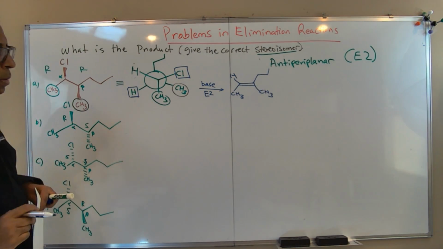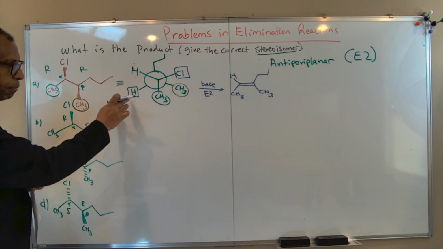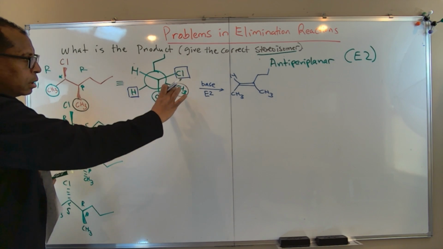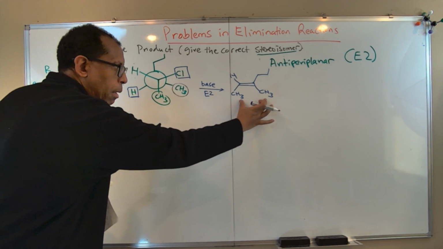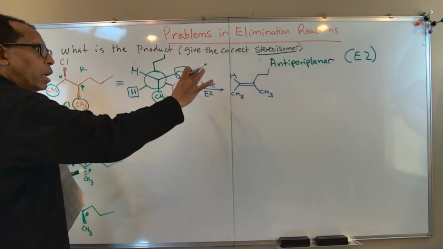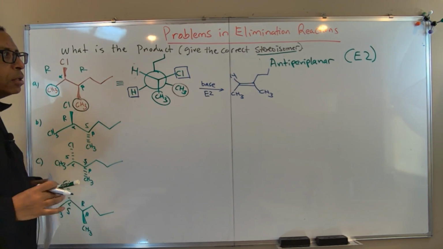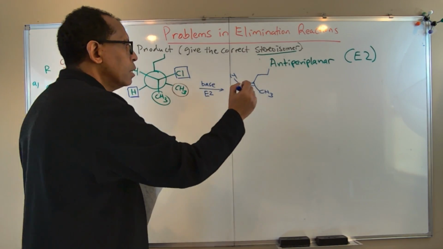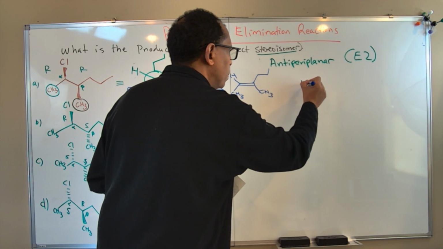That's what we get. Exactly, because you are eliminating, the CH3s remain the same, and this remains on the same side. So this is an E isomer.